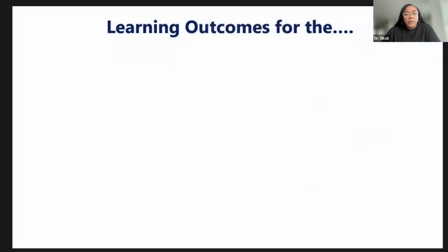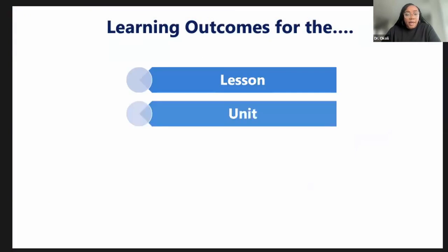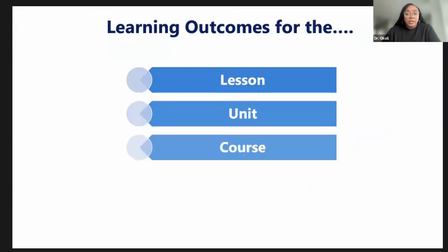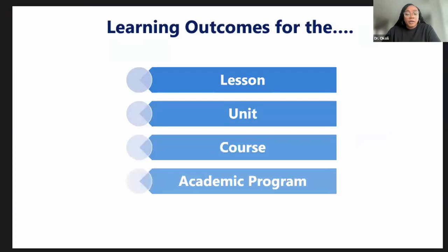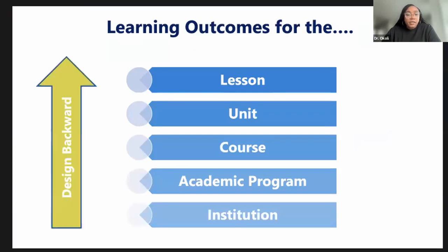So specifically when we're looking at learning outcomes, we need to think about them in building blocks. We want to look at the learning outcomes from the lesson, the outcomes for the unit, the outcomes for the course, the outcomes for our academic program, and the outcomes for our institution. The design phase with curriculum mapping really starts backwards.